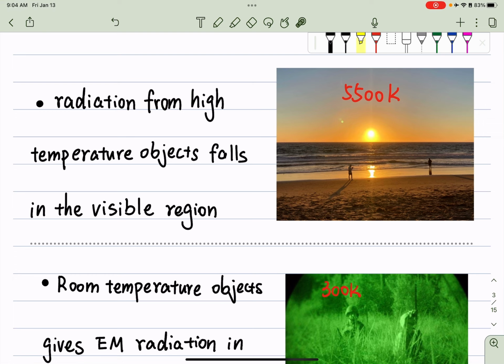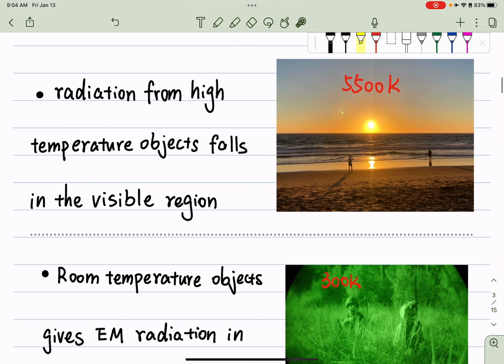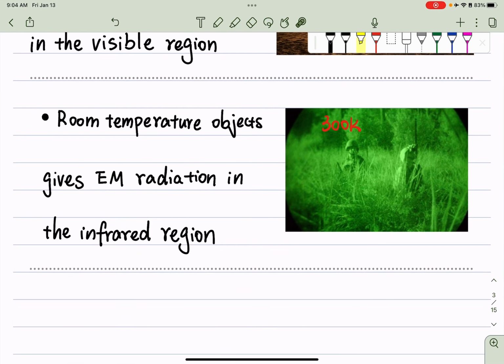For example, as the sun has a very high temperature, 5,500 K, it releases electromagnetic radiation in our visible light spectrum. So that's why we can see different colors. Alternatively, room temperature objects give out electromagnetic radiation in the infrared region.